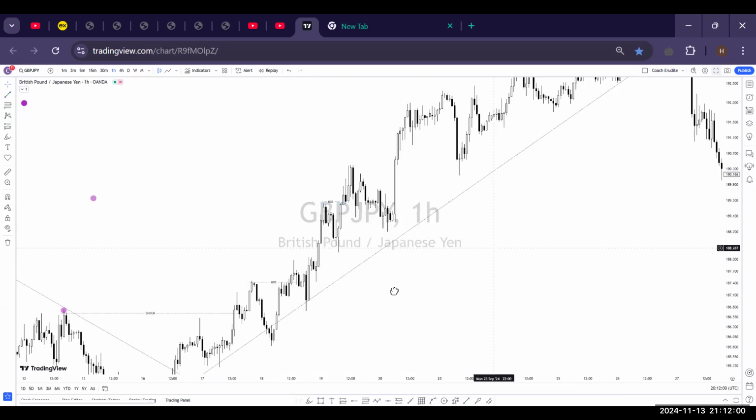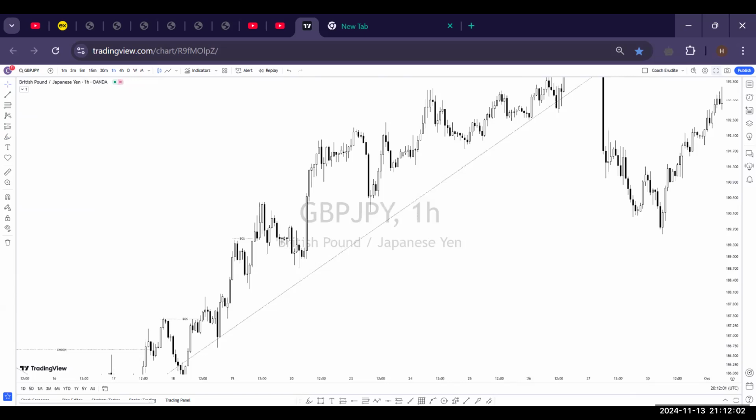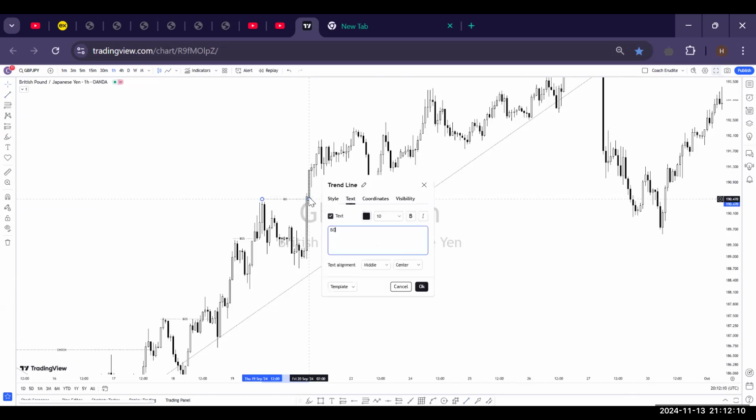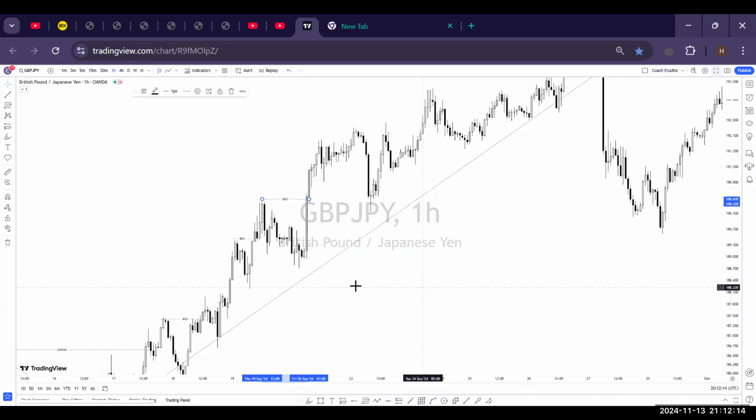Our next class is to mark this break of structure correctly. We have another break of structure. We have a break of structure.